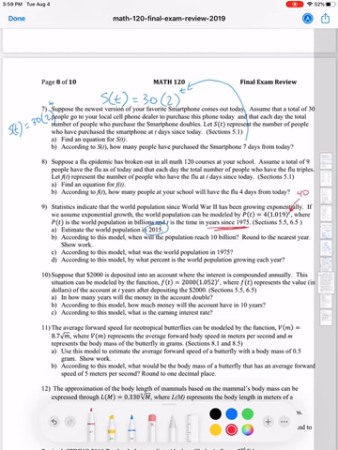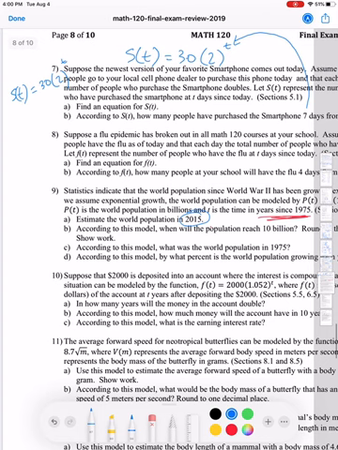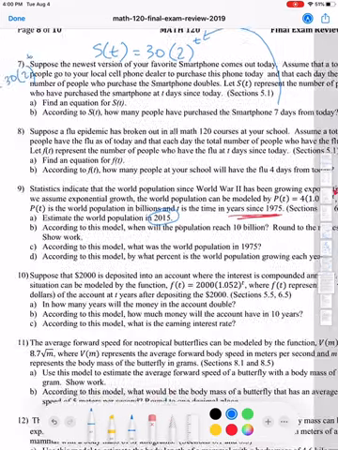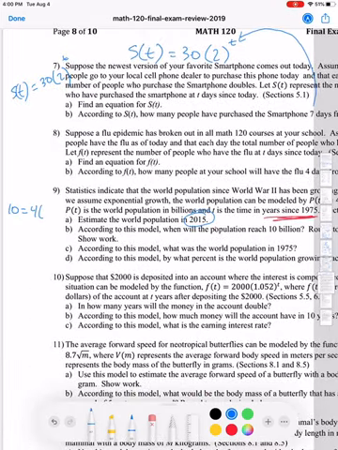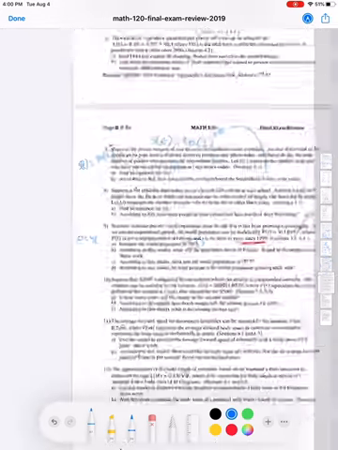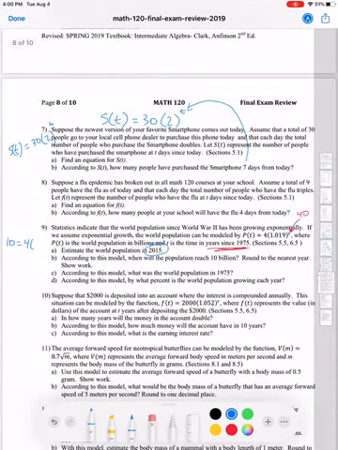10 billion, do we put it in for t or do we put it in for p of t? t is time, so we're not going to put it in for t, we're going to put it in for p of t. Let me go up here to write this down.